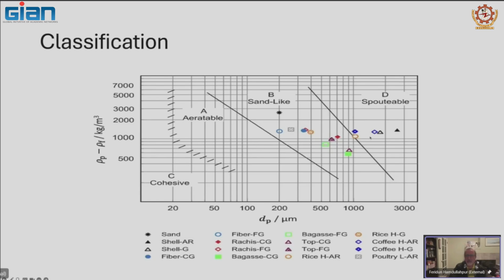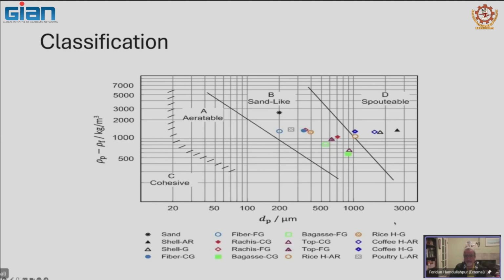It is quite possible that you will be in the spoutable region according to Geldart's classification, and that your particle will be a group D particle. All of these are experimentally obtained.